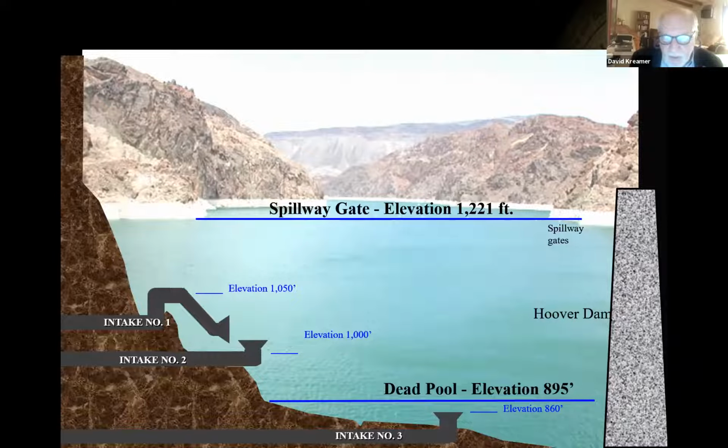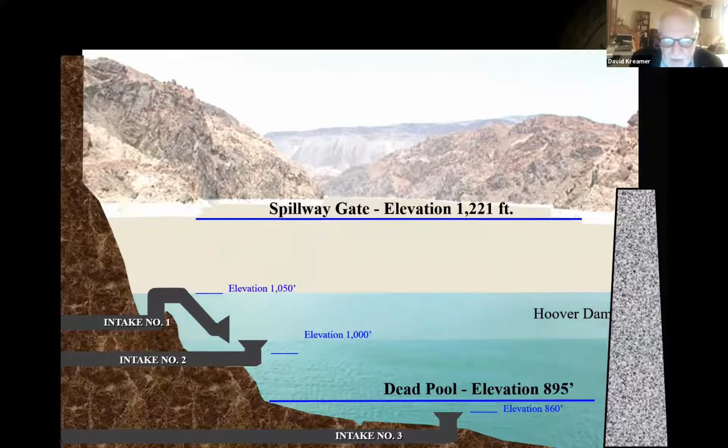For example, the full spillway gate elevation, the US is not on the metric system, unfortunately, in many ways, but the full spillway gate elevation is 1,221 feet above mean sea level. If the water were to decline to 1,050 feet, intake number 1 would lose its siphon and be inoperative.